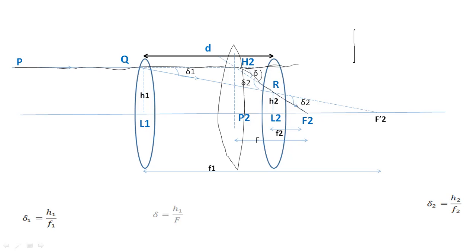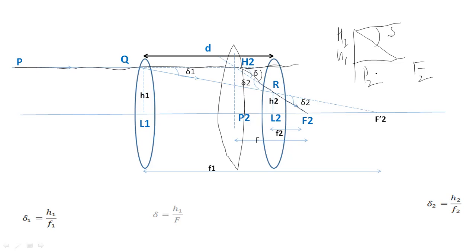Here we have H2, and here P2, and this is F2, and this is delta. What is the length of H2P2 here? It is the same as QL1. QL1 is equal to H2P2. The value of H2P2 is h1.